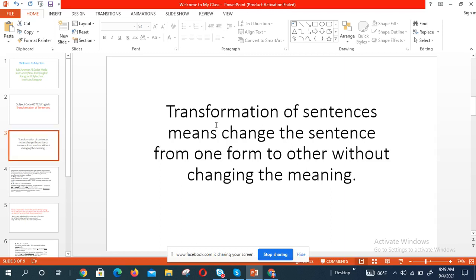When you make a transformation, you cannot change the meaning of the sentence. Without changing the meaning, you have to convert it from one sentence to another.